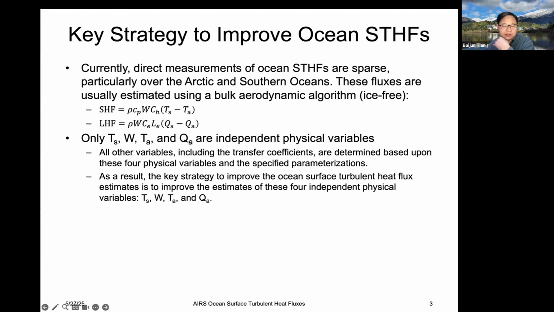All other variables, including the transfer coefficients Ch or Ce, are determined by these four variables or specified parameterizations. As a result, in order to improve the ocean surface turbulent heat flux estimate, we have to improve the estimates of these four independent physical variables: Ts, W, Ta, and Qa.